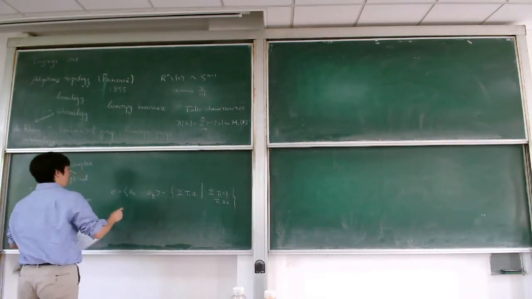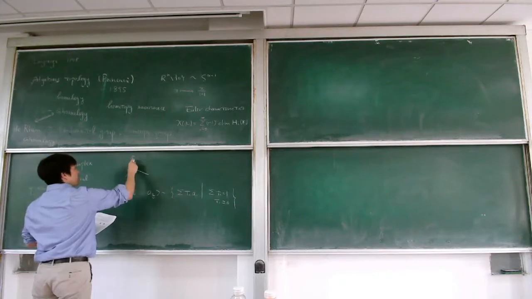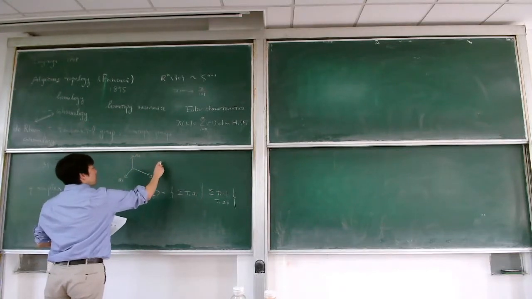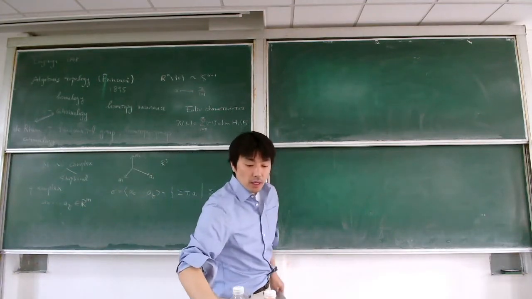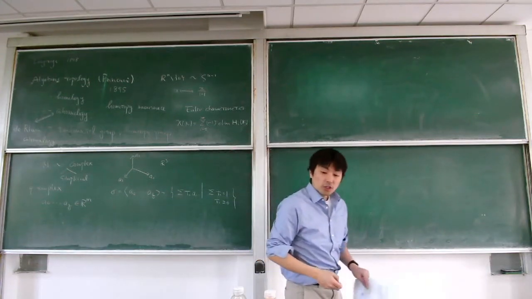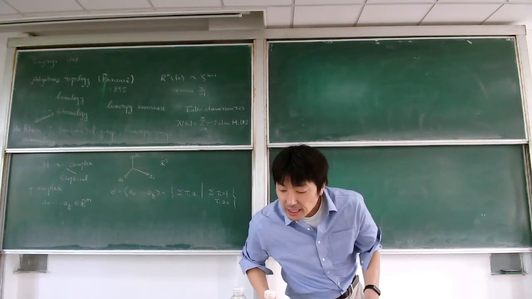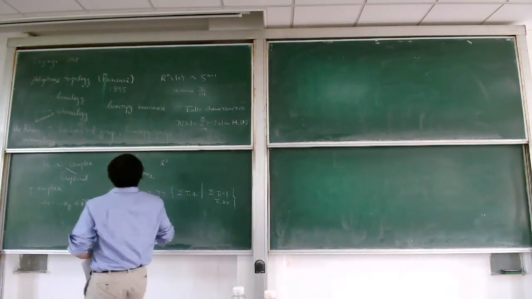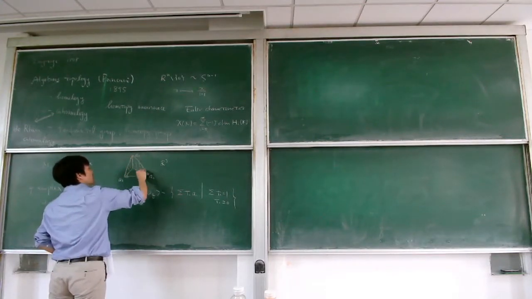For instance, if you take A_0, A_1, A_2 inside R^3, this simplex is nothing but this orange one.